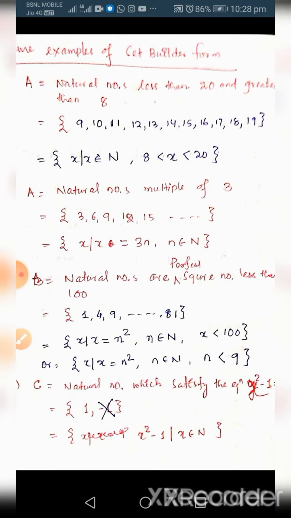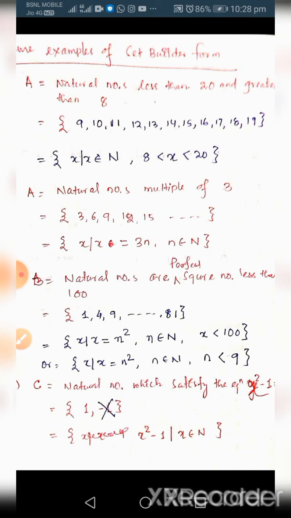Next, you can also write x such that x is n square, where n belongs to capital N and n is less than 9. N less than 9 means 1, 2, 3, 4, 5, 6, 7, 8. If n is 1, that is 1 square. If 2, that is 4. 3 square is 9.